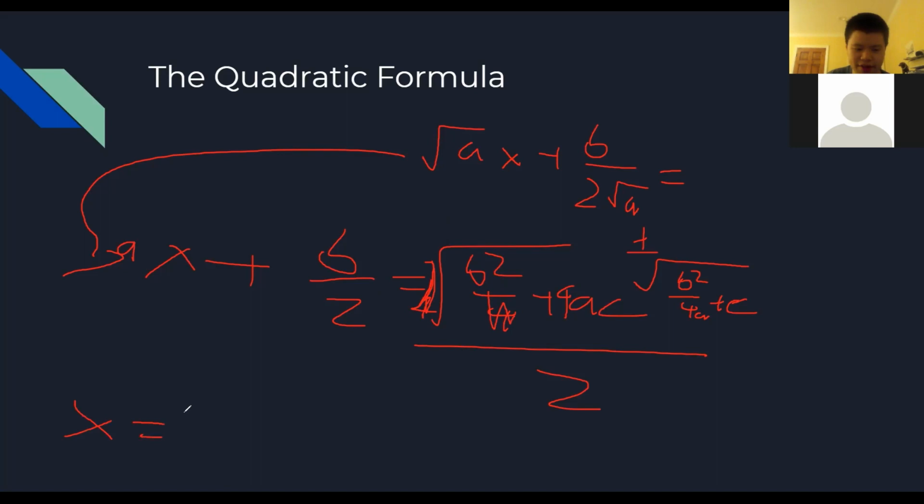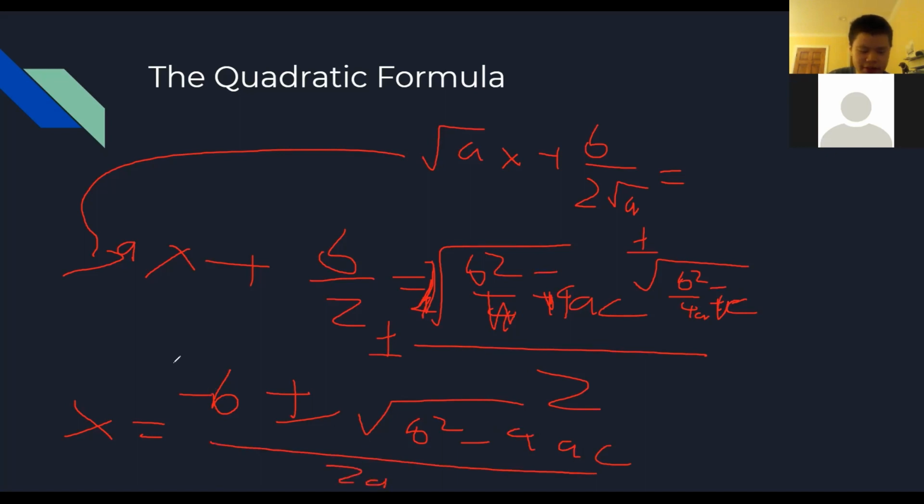So we leave off with negative b plus minus, b squared, I'm not sure what went wrong, but this should be a minus 4ac over 2a, which is the quadratic formula.